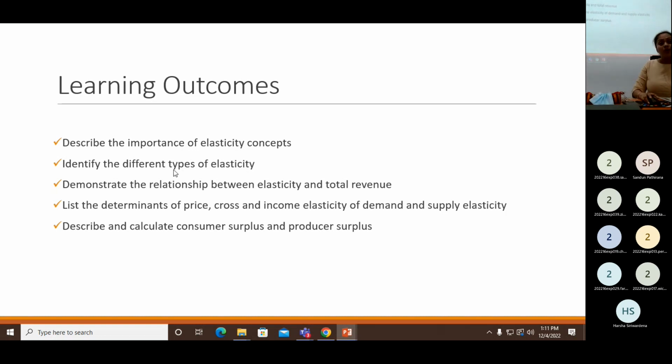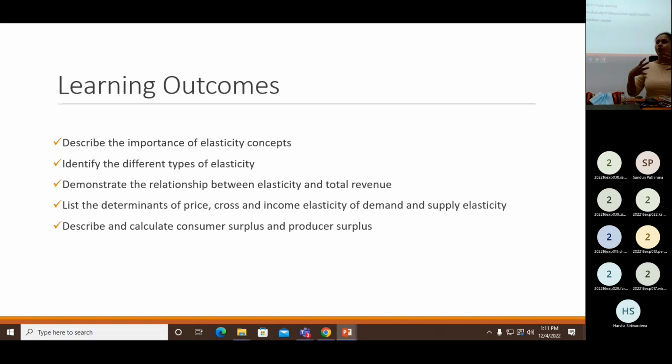And this is very important even for your examination, because at the exam, what we will test you on are these learning outcomes. We will see whether you can describe the importance of elasticity, whether you can demonstrate the relationship between elasticity and total revenue. So for evaluation also these learning outcomes are very important, right?